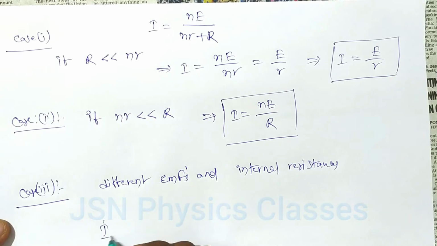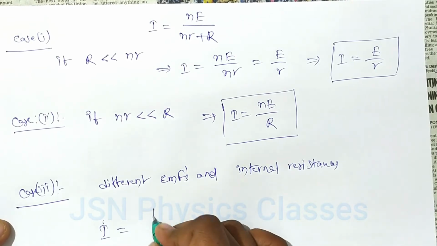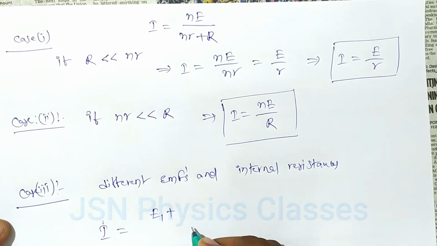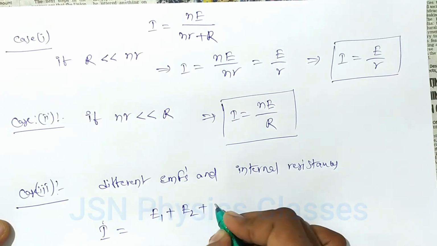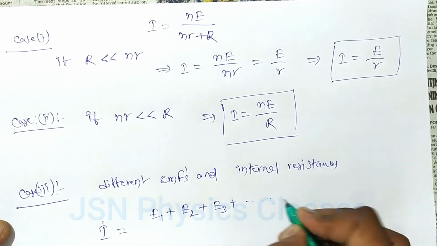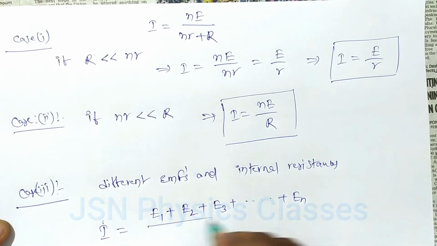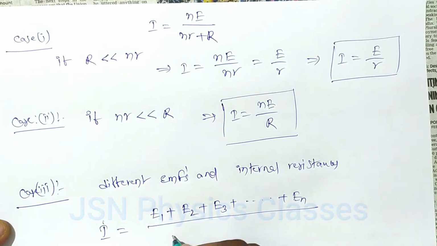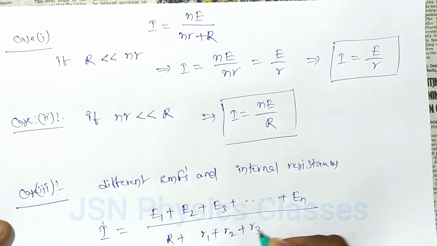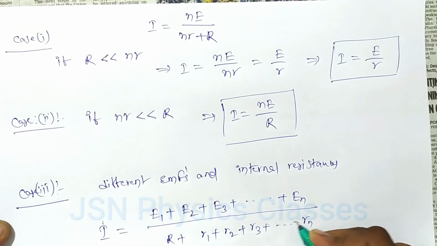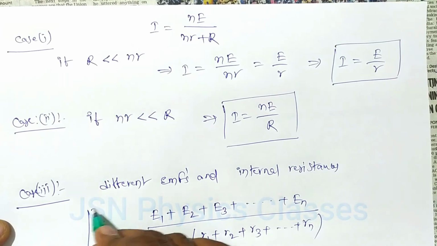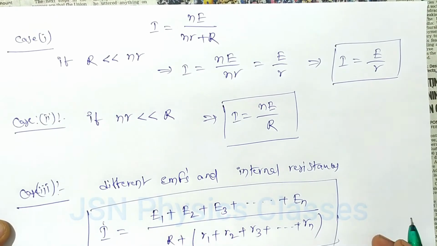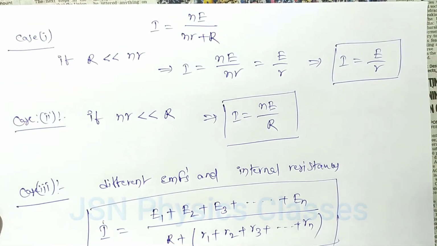What happens is the current passing through the circuit I is equal to E1 plus E2 plus E3 and so on up to En, and the total resistance is R plus R1 plus R2 plus R3 and so on up to Rn. So this is the total current passing through the circuit when all are in series with different EMFs and different internal resistances.